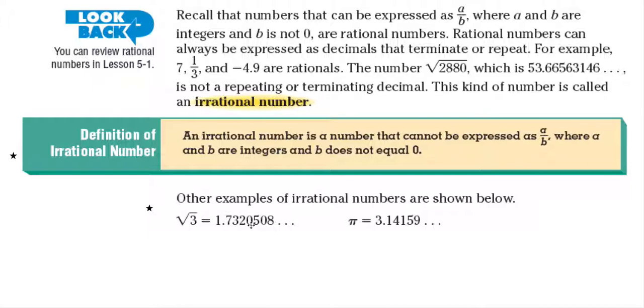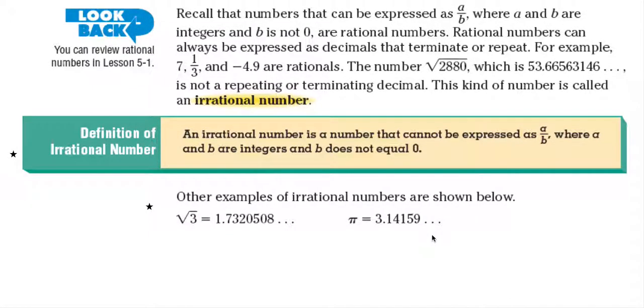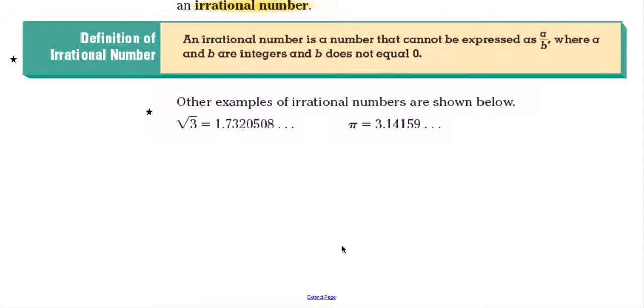And the most popular irrational number that we all know is pi, 3.14159 and so on. It will not terminate nor will it repeat. It just goes on forever. So these are two good examples of irrational numbers.